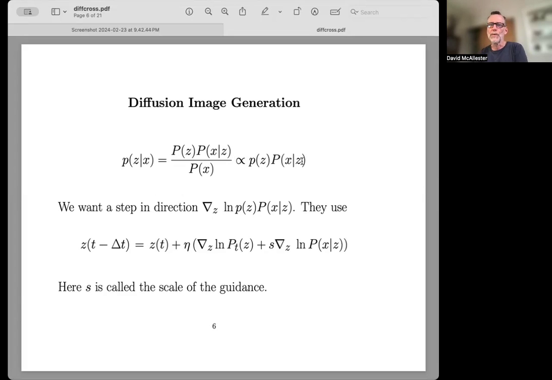So we can do gradient descent on the log probability, or we can optimize our image in diffusion model image generation. We're iteratively improving the image, denoising the image. And what we're going to do is, instead of just going directly for improving the probability of Z given X, the image given the class, we're going to work with this product of probabilities, the prior probability of the image and the probability of the label given the image.